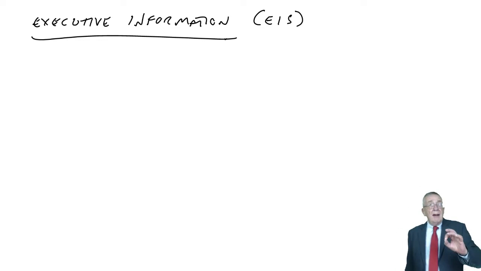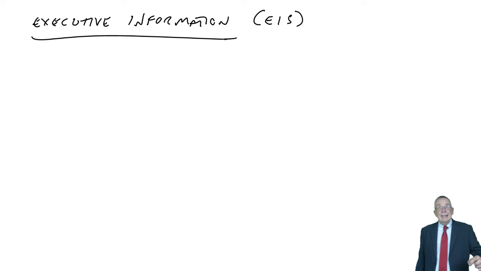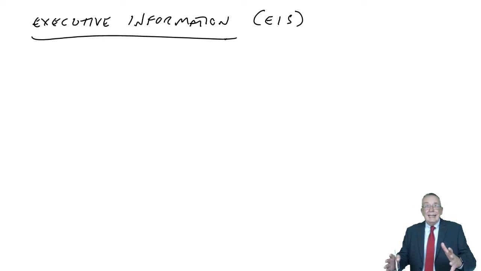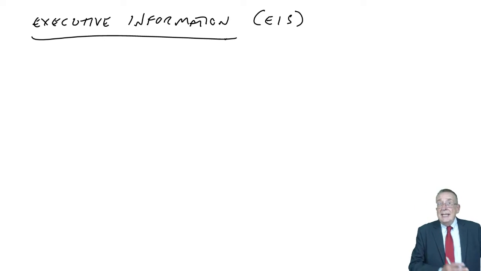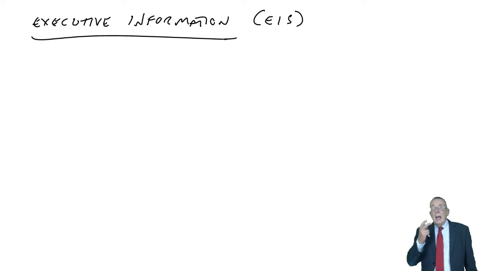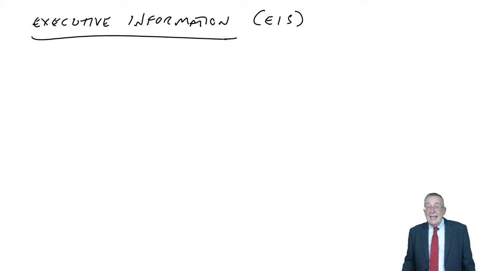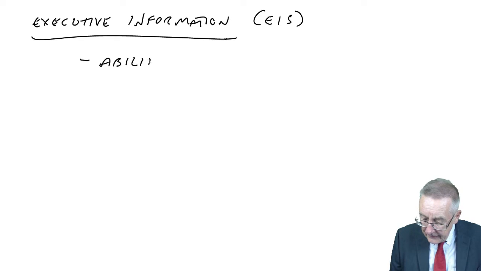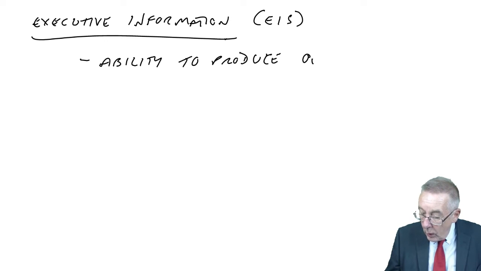It's software primarily for top management, but it enables them to sit at their computer, access all the data, and produce whatever reports they need. The ability to produce what you might call one-off reports.